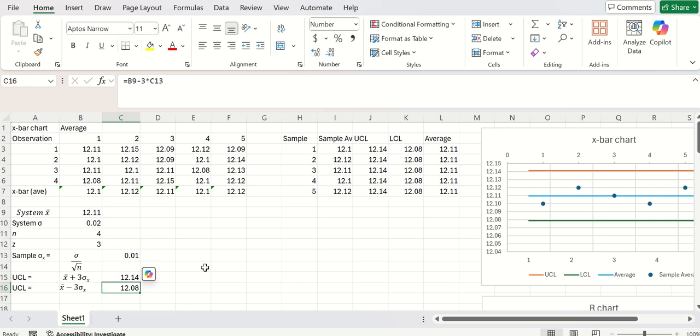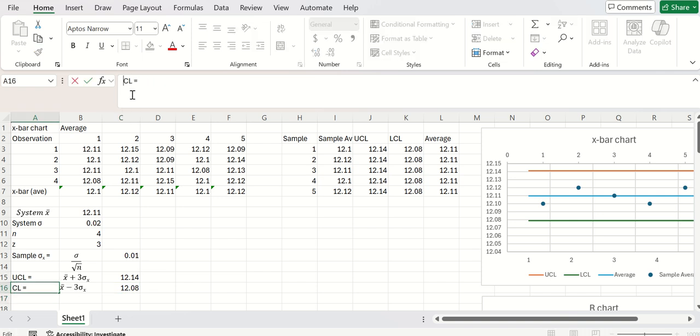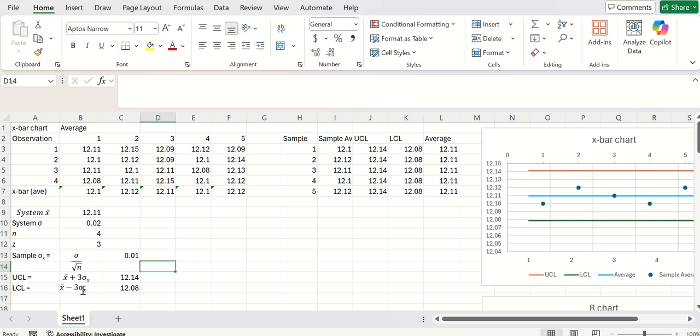That gives me an upper control limit. For the lower one, I have a typo right there. This is my lower control limit, and the lower control limit is the average minus 3 times the standard deviation.